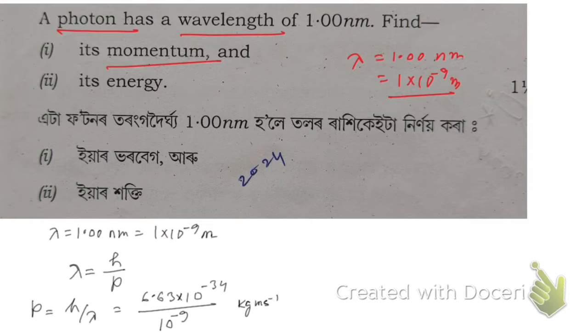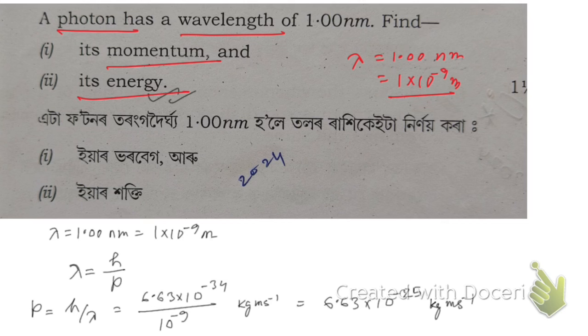That's gonna be equal to 6.63 into 10 to the power minus 34 plus 9, that's gonna be minus 25, kg meter per second. That is the momentum, and we need to find its energy.